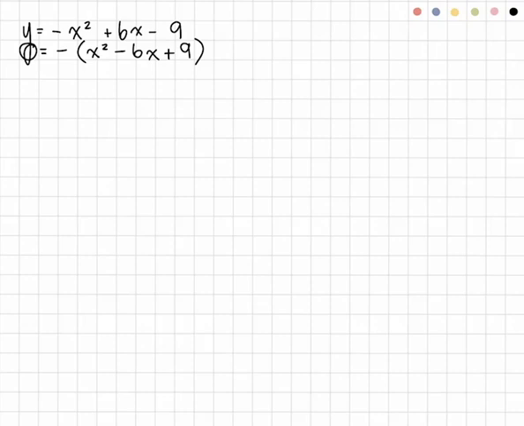There we go. Now, what you might notice right here is that you have a perfect square trinomial. It looks like this: a squared minus 2ab plus b squared, right?